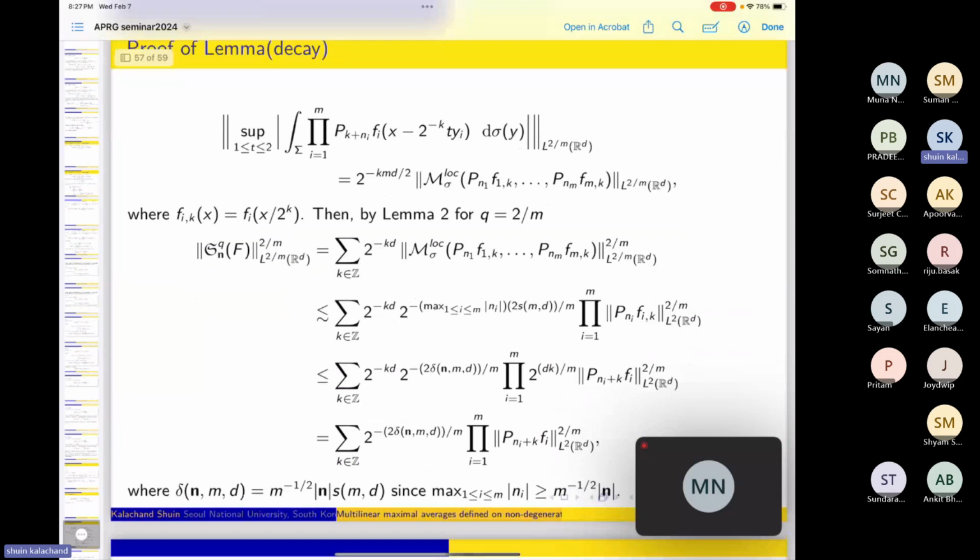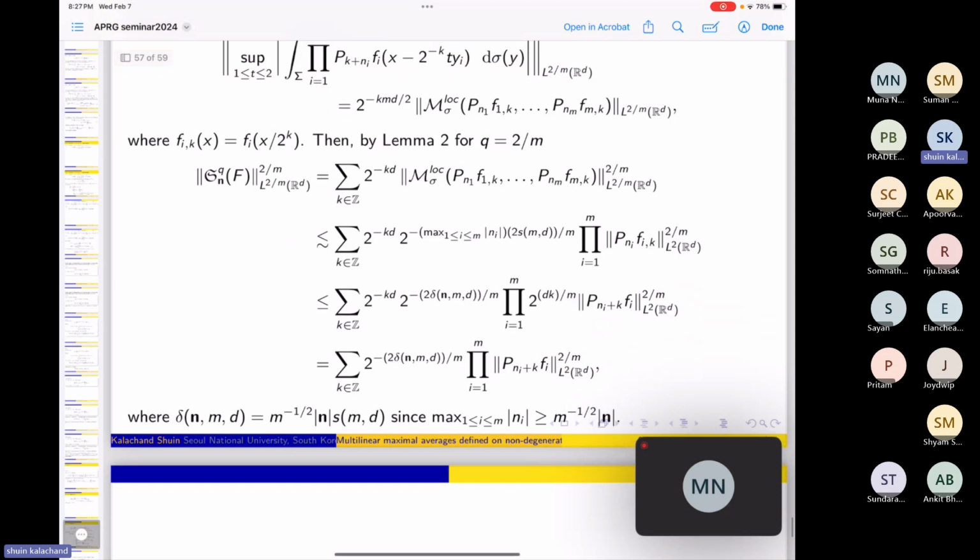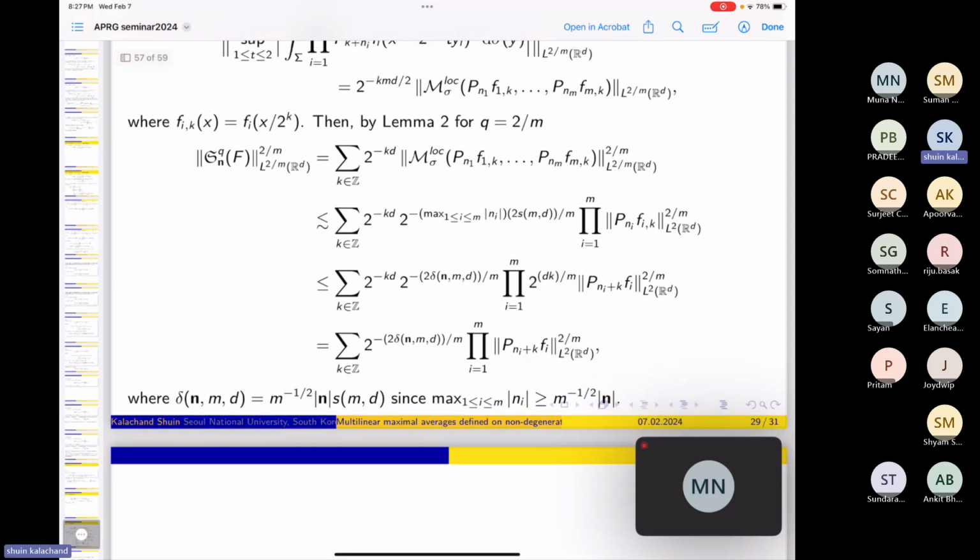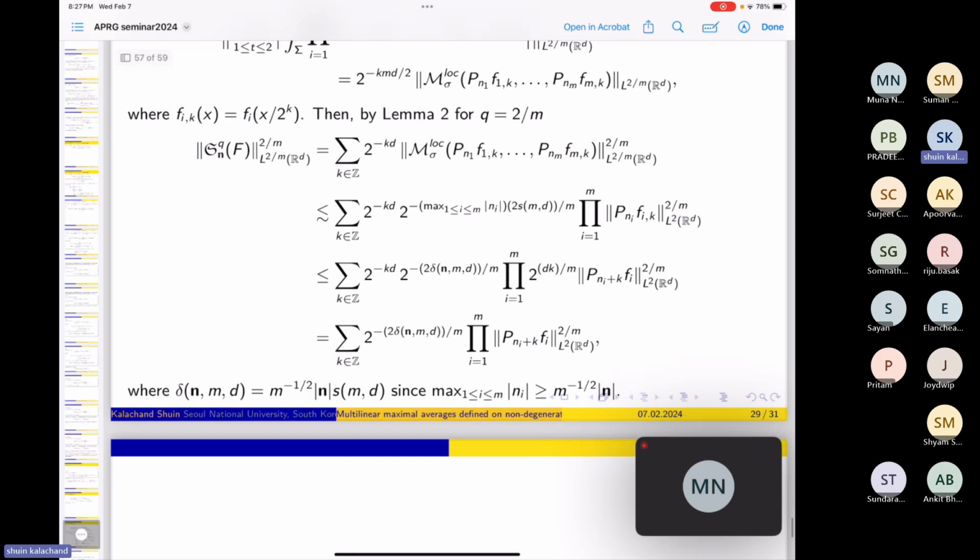Observe that if we take q equals 2/m, then the L2/m norm of G_q^n is the sum over k in Z of this constant and the L2/m norm of M sigma. Now we can use lemma 2, which we proved for M sigma, and using that lemma we have the first inequality here.